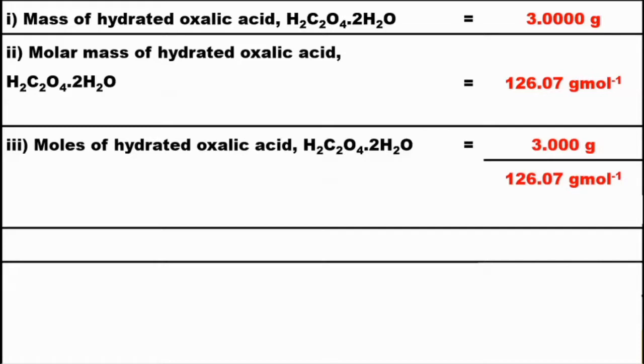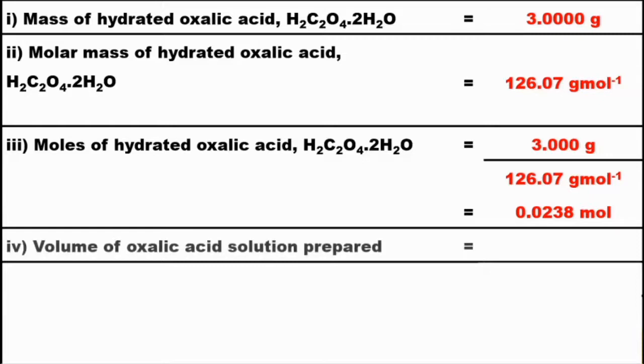So 3 grams divided by 126.07 grams per mole, and we are going to get 0.0238 moles.